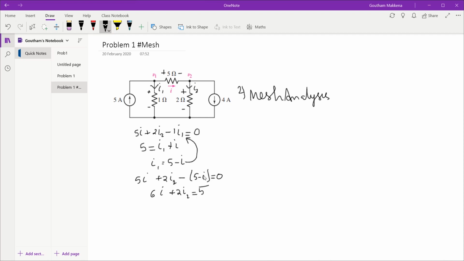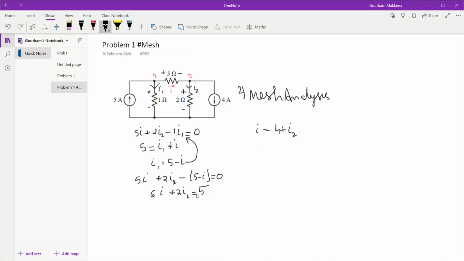Now over here also I have a current source, so I'll go with a simple KCL involving currents. The currents entering that V2 node are I, and the currents leaving are 4 amps and I2. So this is also an equation in I and I2, whereas this is also an equation in I and I2.